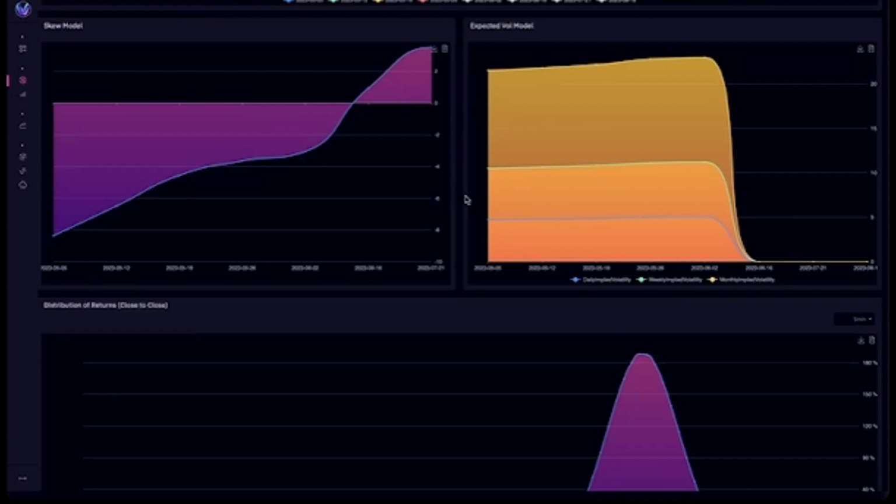You go back to the Simmons example: his win rate is like 50 something percent, but he's arguably, or not even arguably, easily one of the most, if not the most, profitable quant fund in the world.